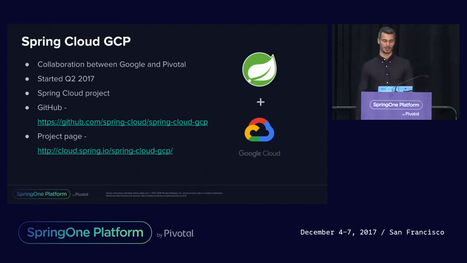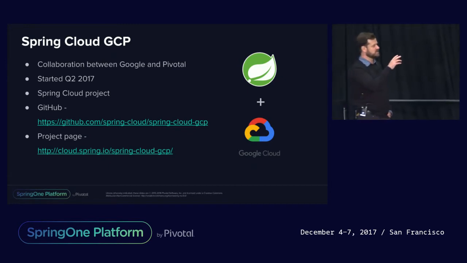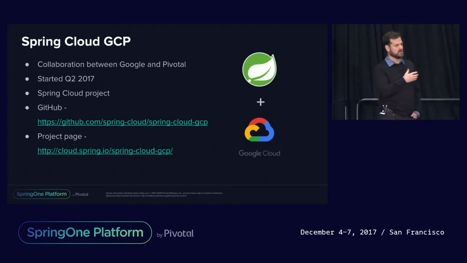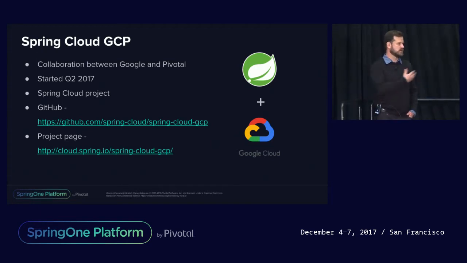So it should be your first stop whenever you're looking into our project. And the thing I want to point out here also is that these projects are actually hosted in the Spring Cloud org on GitHub, right? So these are projects that are being maintained as a joint effort between Google and Pivotal and the Spring team.